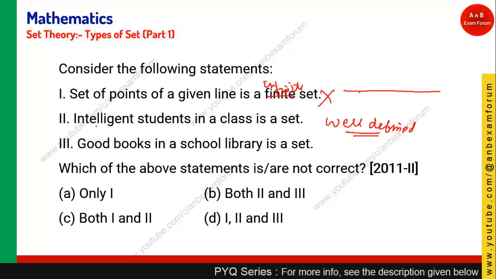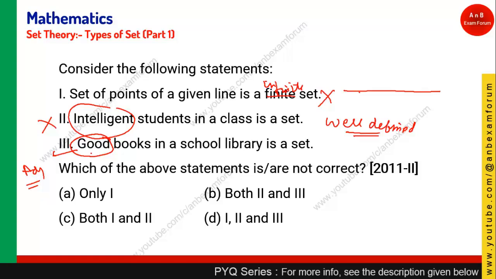So there is no clear cut definition of intelligence, so you can put in a set. Since it is not a well defined set, it will not be called a set. Again, good is an adjective, and adjectives are qualifying in nature, and those are not well defined.